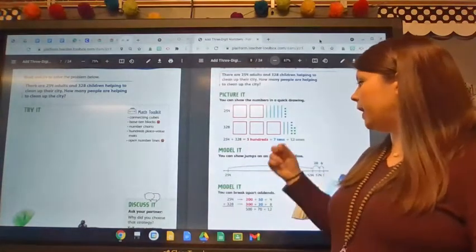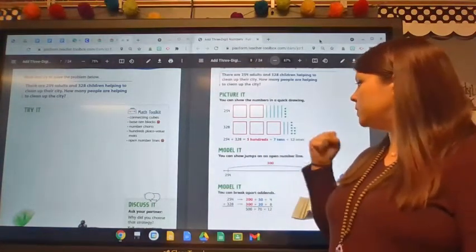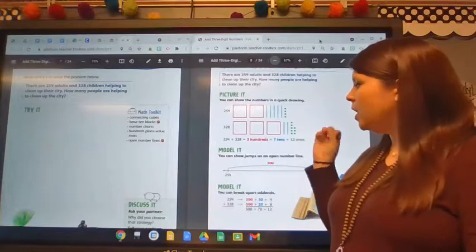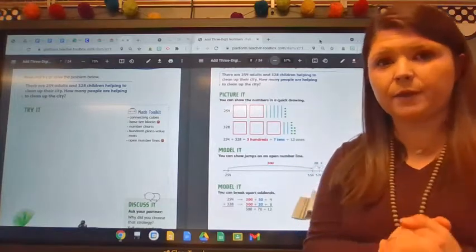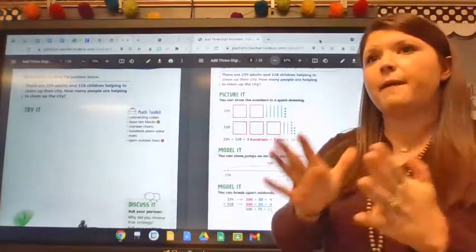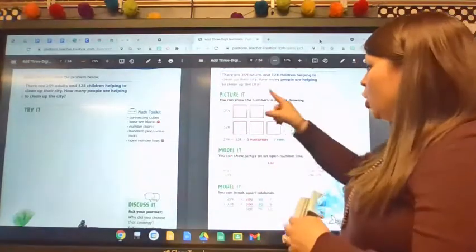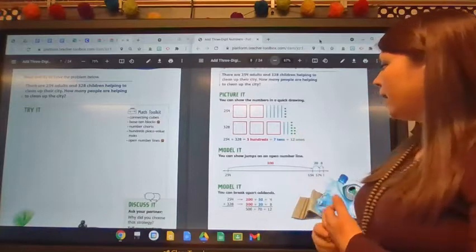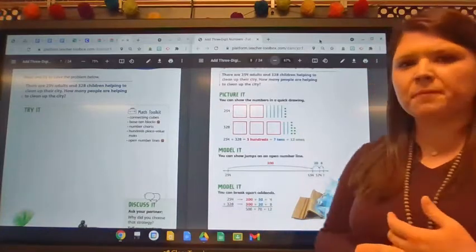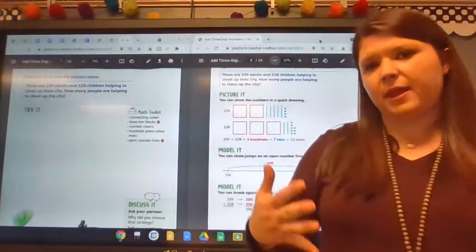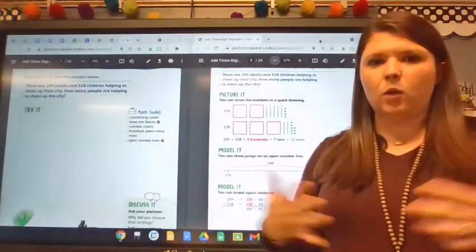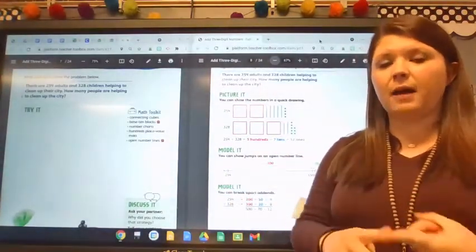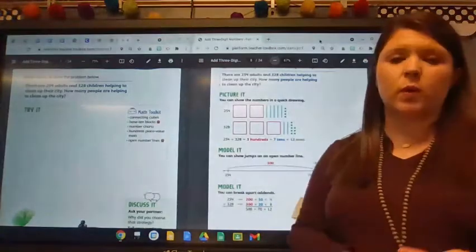How many tens are there? 2. How many ones are there? 8. So then when we combine those together, combine the hundreds, combine the tens, combine the ones, we have 5 hundreds, 7 tens, and 12 ones. If we combined these in a different way, would we still get 5 hundreds, 7 tens, and 12 ones?